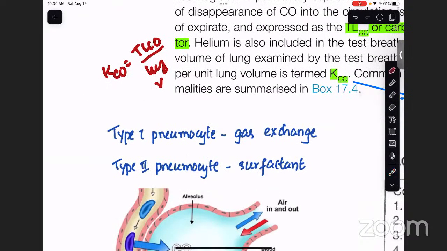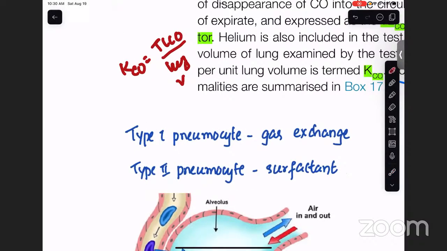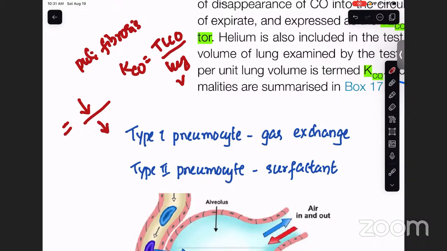Let's imagine one thing, that if TLCO is reduced in case of pulmonary fibrosis, there will be reduced TLCO. Also, there will be reduced lung volumes. So KCO will be normal or reduced in advanced cases of pulmonary fibrosis.